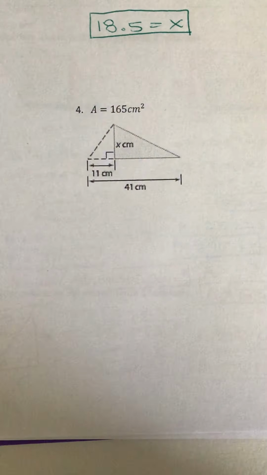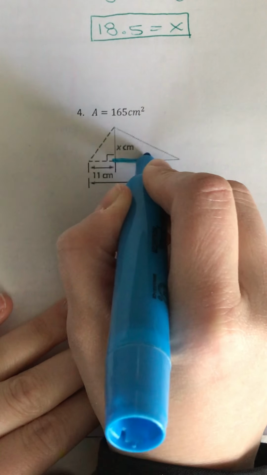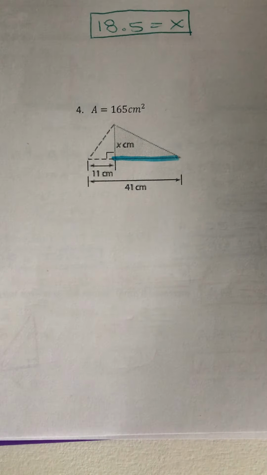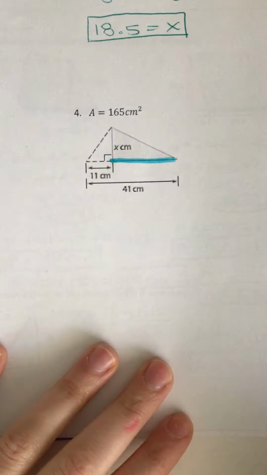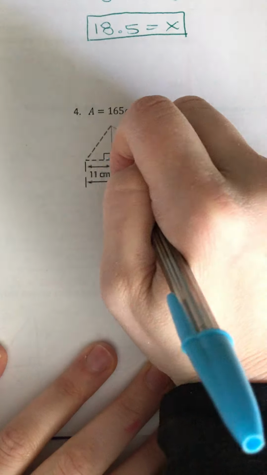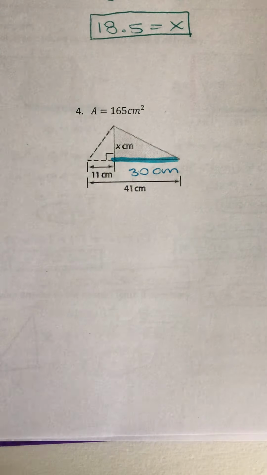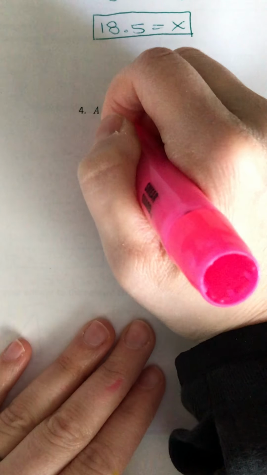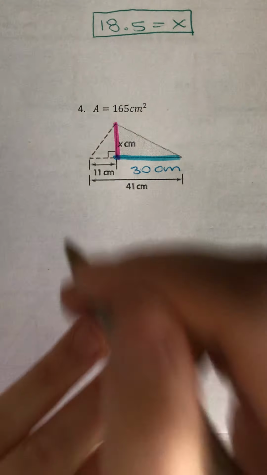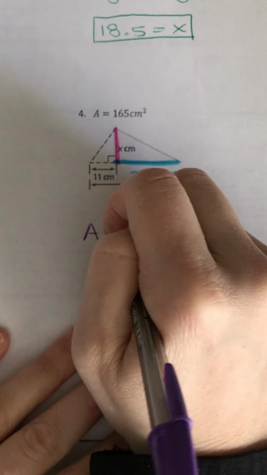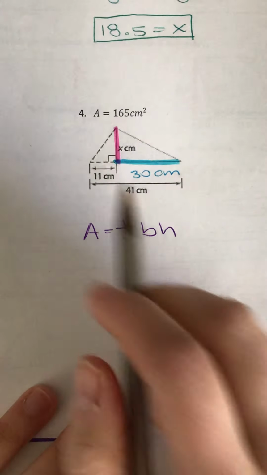When we go to the next one, our base is only this shaded part. So what I'm going to do here is I have to take the entire bottom, which is the whole thing, is 41, and subtract 11. So our base is only 30 centimeters. And again, we don't know our height. So area equals 1/2 base times height.